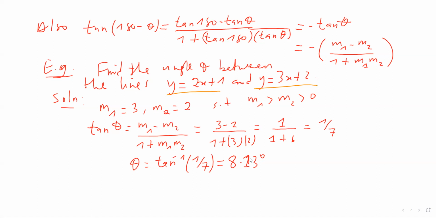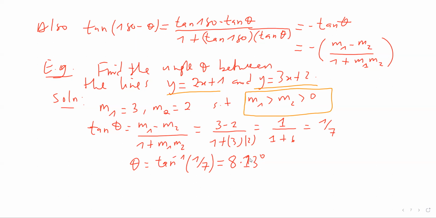So we always choose the one with the biggest gradient first. Now you have tan theta is equal to M1 minus M2 over 1 plus M1 times M2, which is the formula we just proved. So you just make your substitutions: 3 minus 2 over 1 plus 3 times 2, which is 1 over 7.